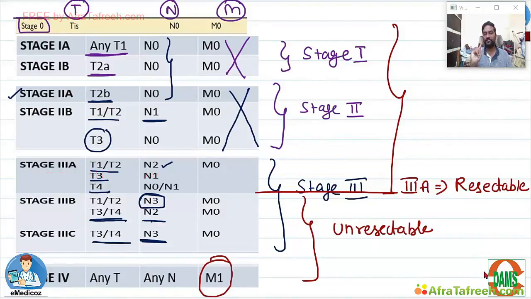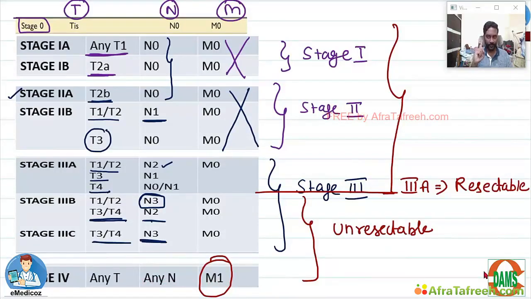So N1 involvement starts in stage 2B, and T3 N0 M0 is also stage 2B. N2 involvement starts in stage 3. So what you need to know is N1 involvement starts in stage 2, N2 and N3 involvement start in stage 3, whereas metastasis happens in stage 4.